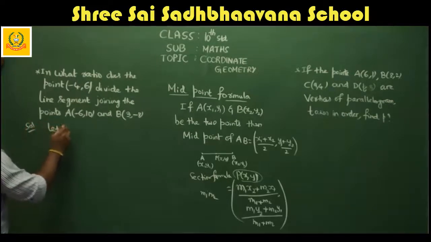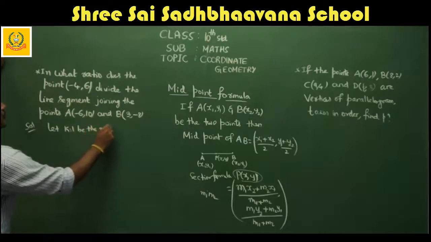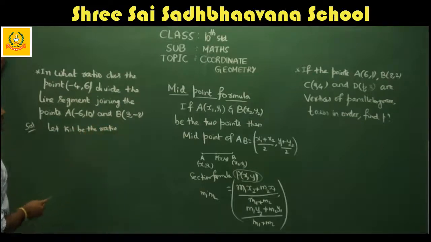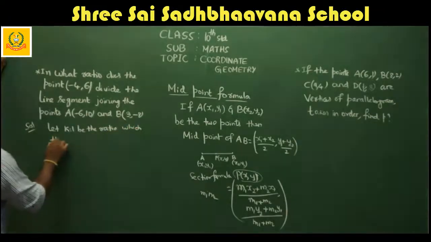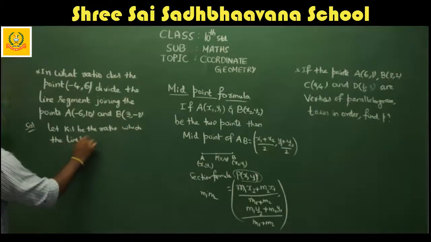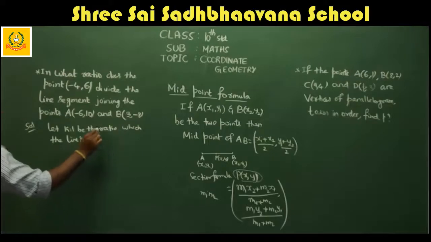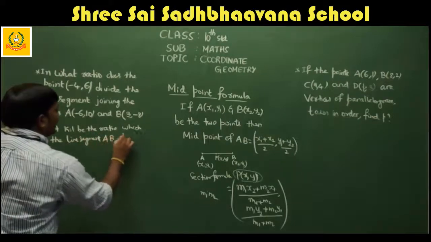So let k is to 1 be the ratio in which the line segment AB is divided.